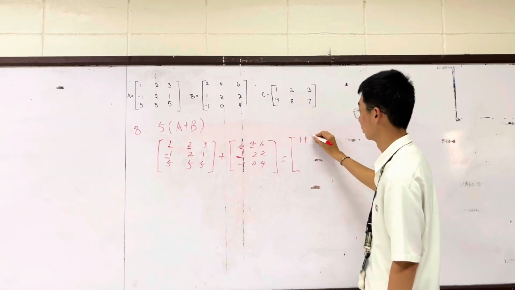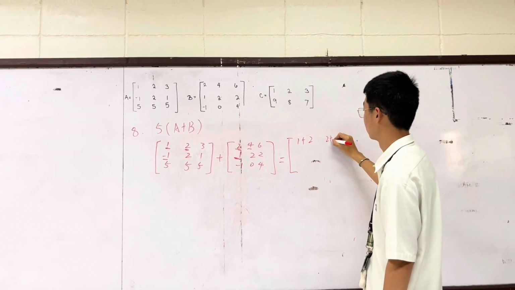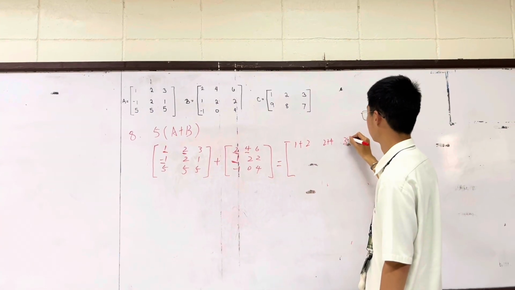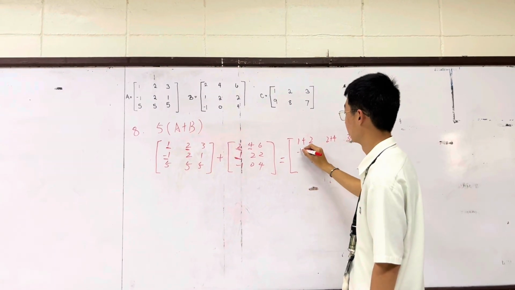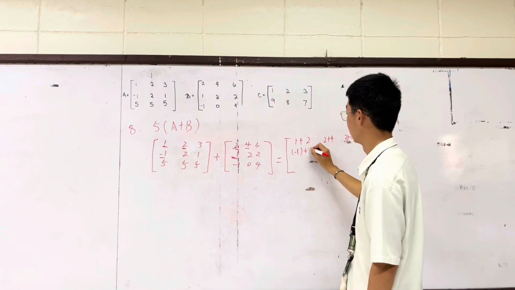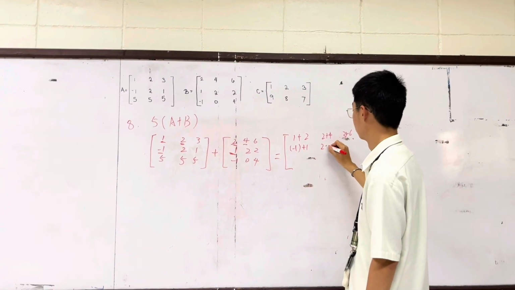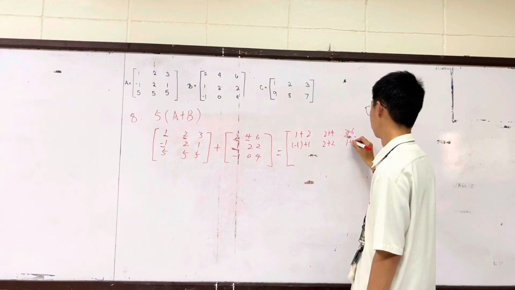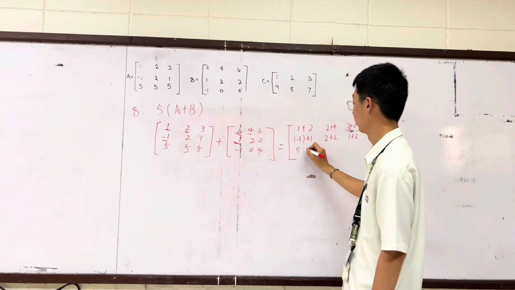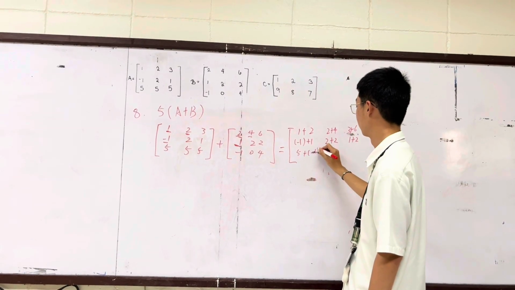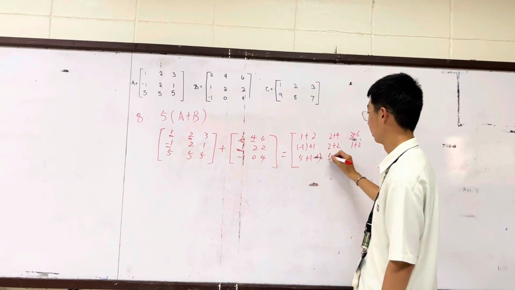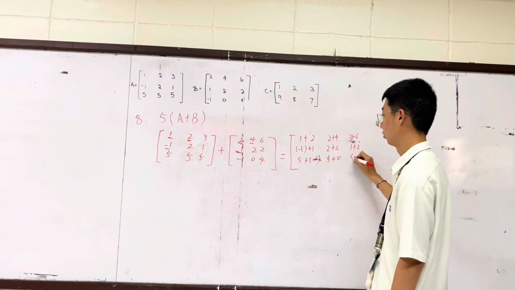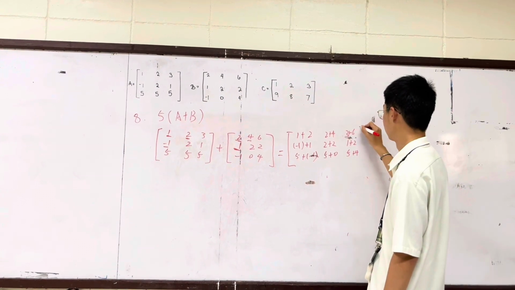So 1 plus 2, 2 plus 4, plus 6. Negative 1 plus 1, 2 plus 2, 1 plus 2, 5 plus negative 1, 5 plus 3, 5 plus 4.